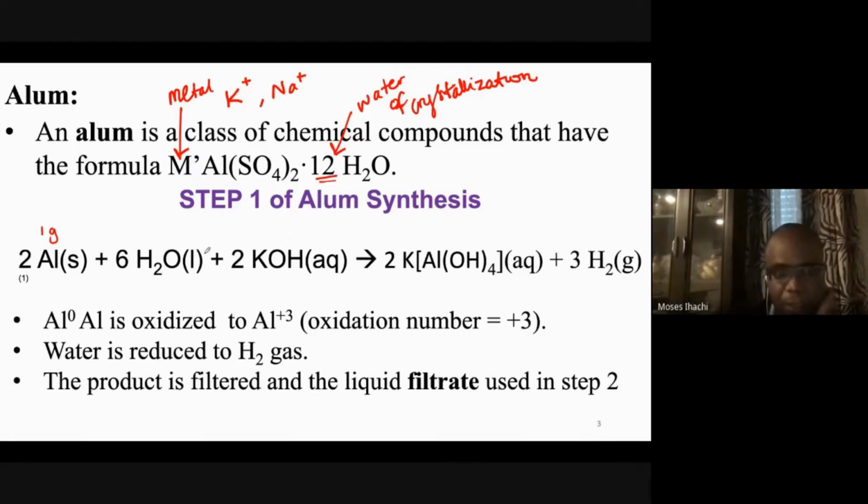Your solvent is going to be water, and part of the water will be used as a reactant. If the equation is balanced, 2 portions of aluminum will react with 6 molecules of water and 2 portions of potassium hydroxide to give you 2 equivalents of potassium aluminum tetrahydroxide. Hydrogen gas will be released.